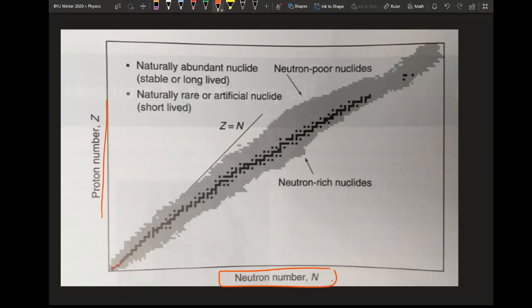So as they start to get bigger, you notice they become stable, which is indicated by these black squares, by having more neutrons. And in this gray kind of orb that surrounds the black squares, those are ones that are possible, that can actually exist.